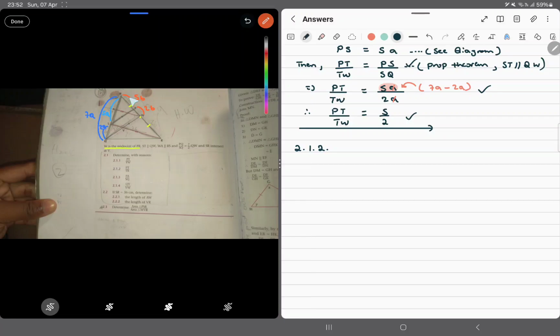But now look at that. What is PW? PW is literally 7B. But what were we told? We were told that this W is the midpoint of PR. So this makes this side literally 5 plus 2, which is going to be 7B. So that is also important.